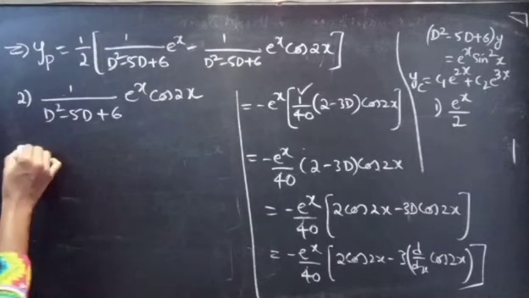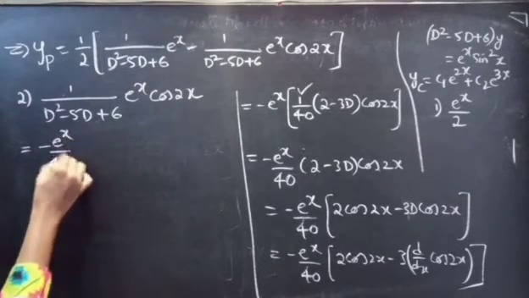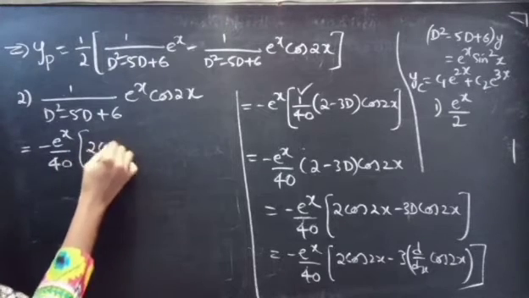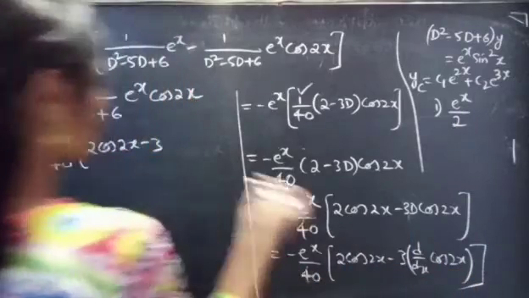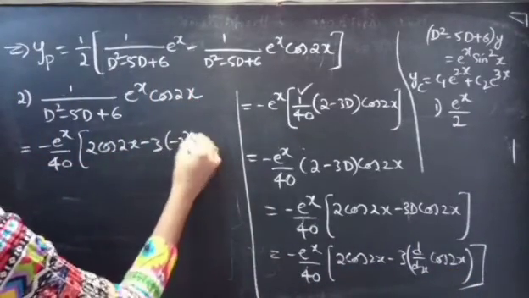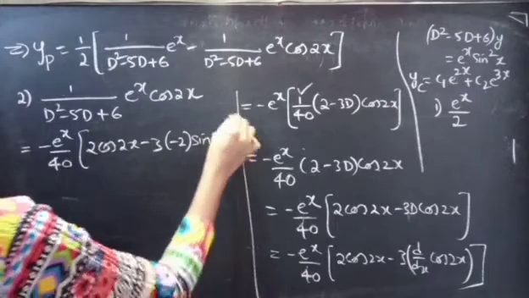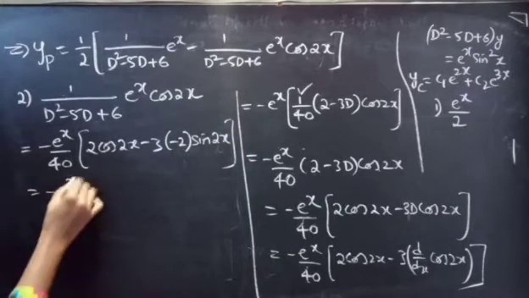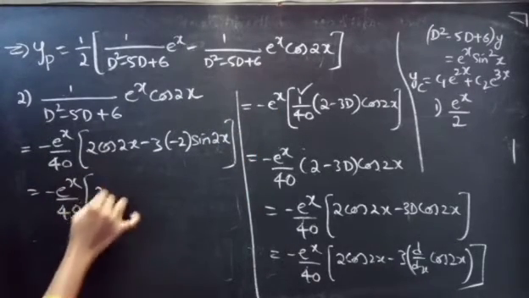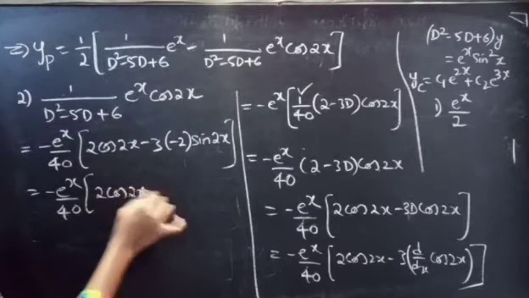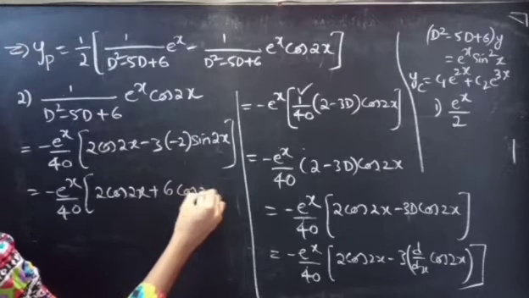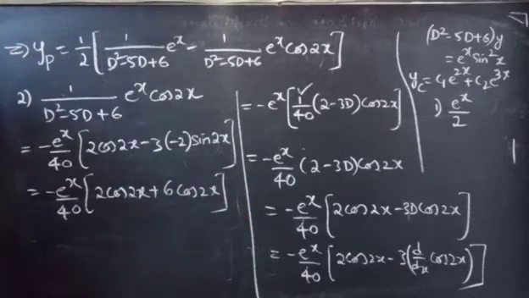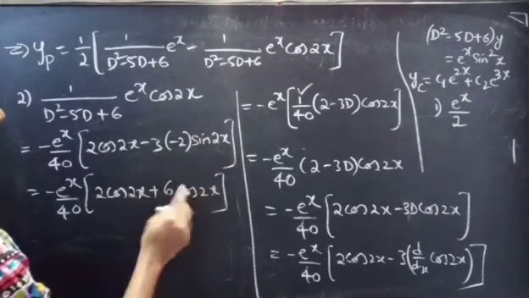Then this becomes minus e power x by 40 into 2 cos 2x minus 3 into the derivative of cos 2x, which is minus 2 sin 2x, which is equal to minus e power x by 40 into 2 cos 2x, minus into minus is plus, 3 twos are 6 sin 2x. So this is sin 2x, not cos, sorry.